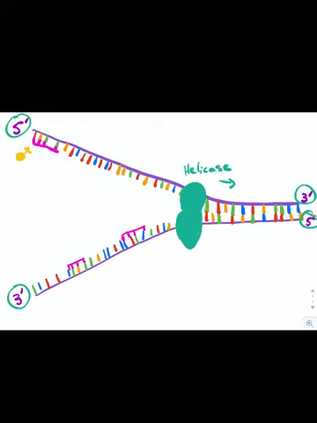We said before that the next enzyme, the most important enzyme in this process, is DNA polymerase 3. So here's our DNA polymerase. It's going to come in, it's going to see our primer here. Remember, we said that's going to act like a little bit of a flag as a starting point. But DNA polymerase can only go in that 5' to 3' direction. So on the top, it's not going to have any problem.